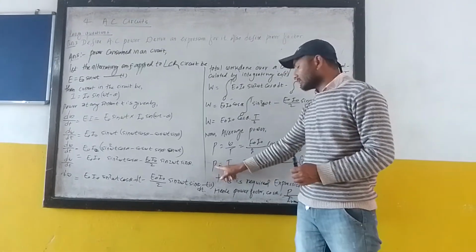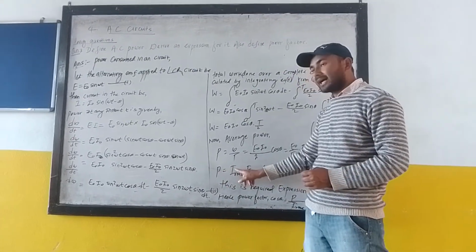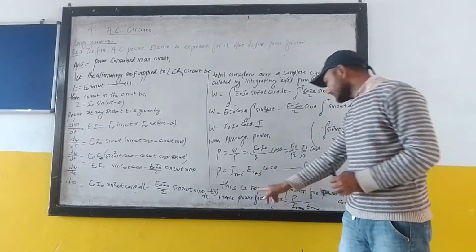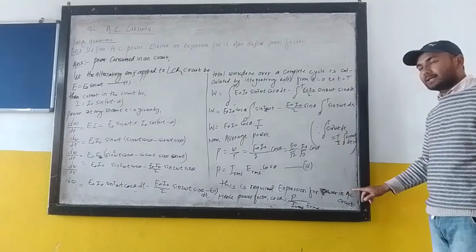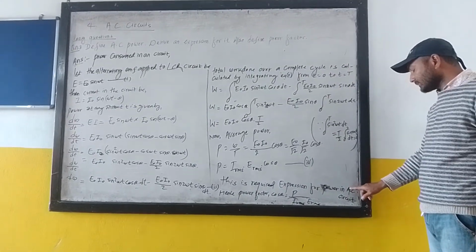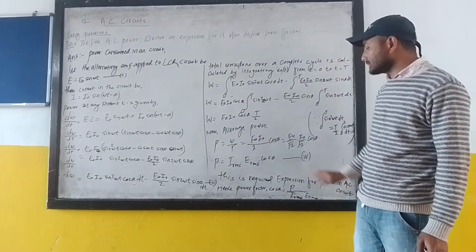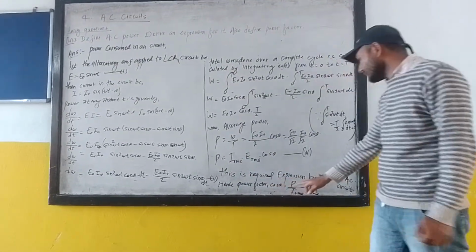So total power in a circuit equals I RMS into E RMS into cos θ, and this is the required expression for the power in the AC circuit. Hence the power factor is cos θ.